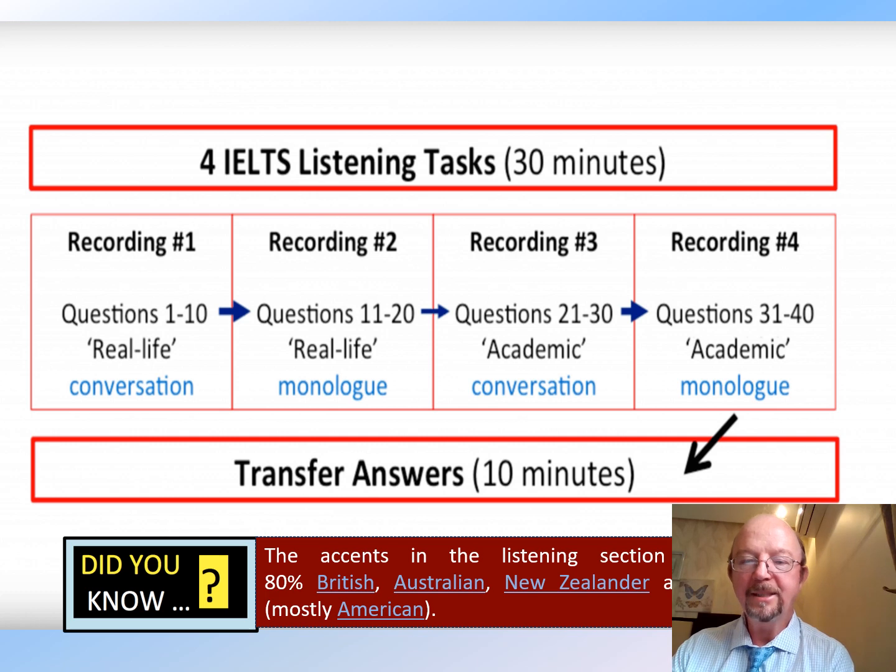Of course, the accents that are used in listening are varied, and it can be British, Australian or New Zealander, which is 80% of the time that they use these three nationalities to handle the conversations or the monologues. And then the other 20% is mostly American speakers that will do the audio.